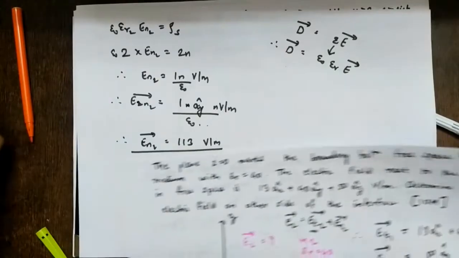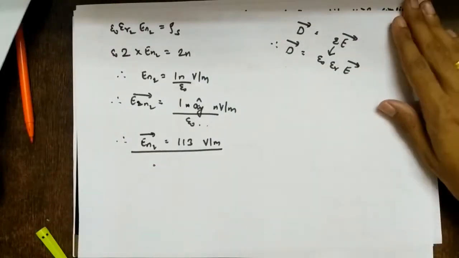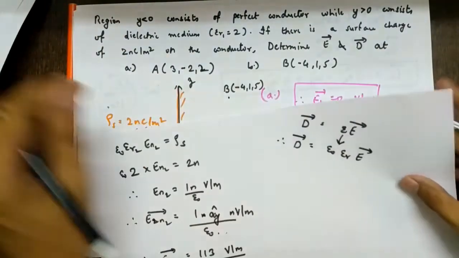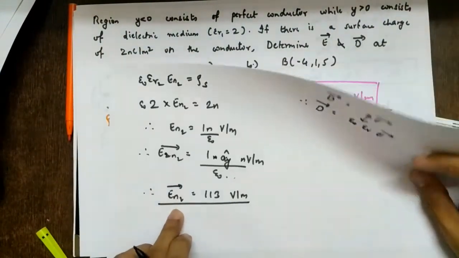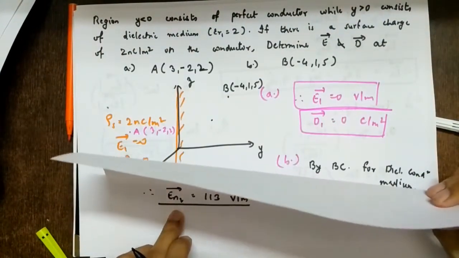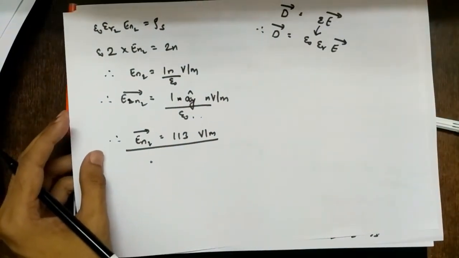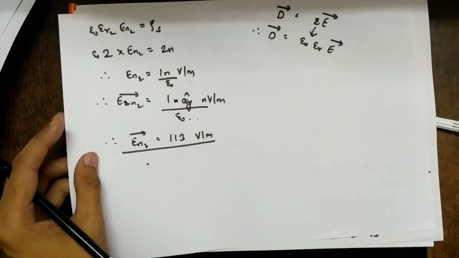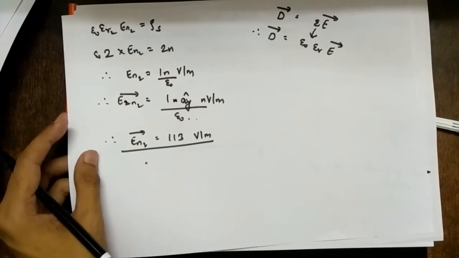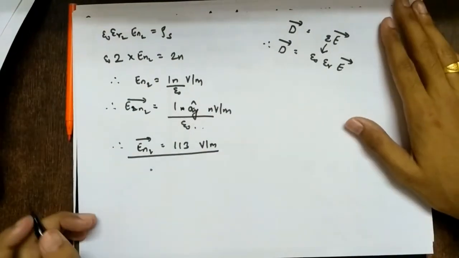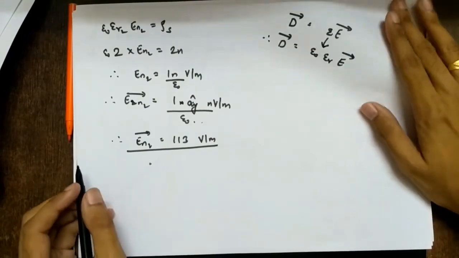So what was the question? I'll just clear the doubts for the previous sums later in some time. So we have got en2 vector, right? So we have to find et2 vector also. So let's see whether it exists. So now can you think what will be et2 vector?